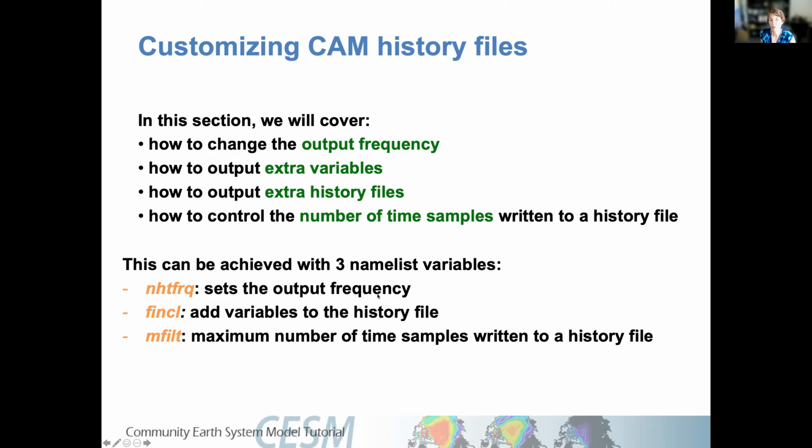NHTFRQ sets the output frequency. We just saw that if you set it to -24, you will get daily instead of monthly. The variable fincl allows you to add variables to the history file. mfilt gives you the number of time samples that are written in a history file.